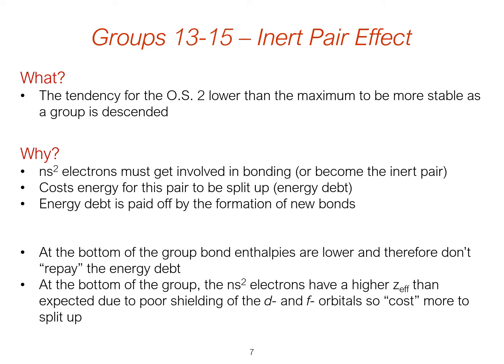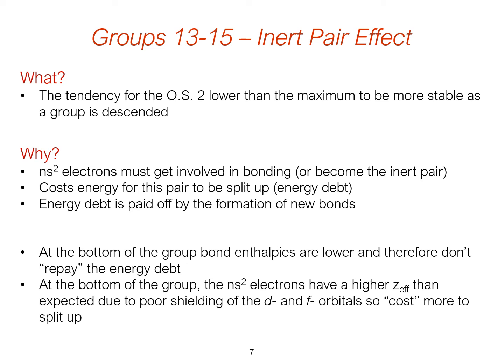So first off, what is the inert pair effect? It's the tendency for the oxidation state two lower than the maximum to be more stable as a group is descended. For example, we looked a lot at the group 14 oxides. They're a really nice example of it. At the top of the group, carbon makes the oxide CO2, and carbon's in the +4 oxidation state there. And that's perfectly stable.